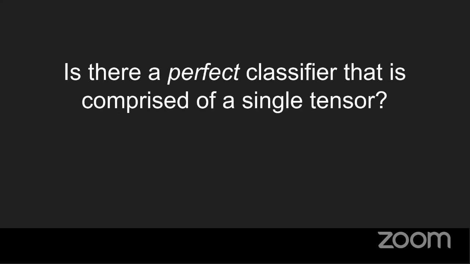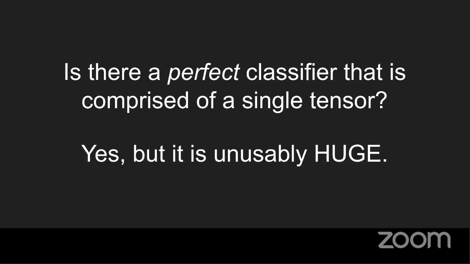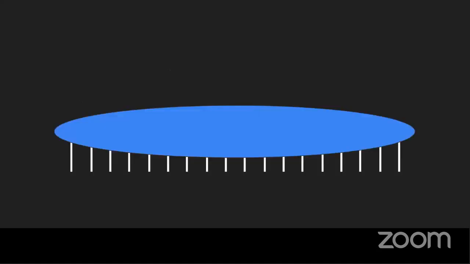So here's a question. Let's assume I have a perfect classifier. Is it possible to have a binary function with binary inputs be represented perfectly by a single tensor? The answer to this question is yes. But the problem is that perfect classifier tensor becomes unusably huge.